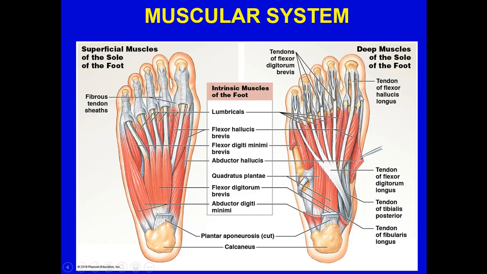In other words, I can't put this toe over and touch that toe over there, opposition, that I can with my thumb and my forefingers. Okay? So there's a lot less musculature to allow for interaction of the different digits here than there is for the fingers in the hand.